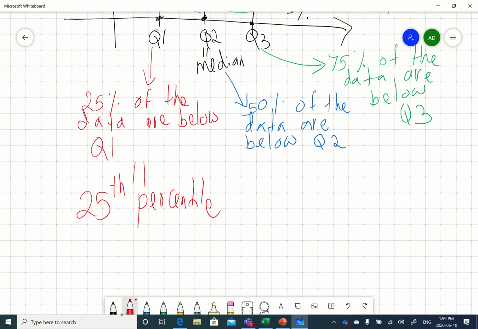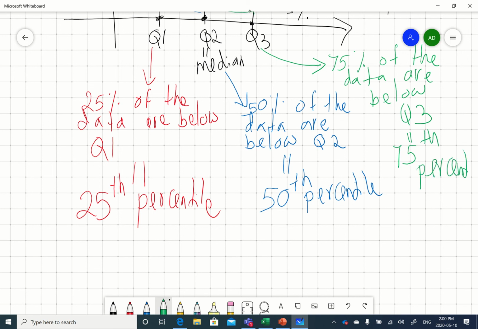And then you have 50% of the data below Q2, so Q2 is the 50th percentile. And since we have 75% of the data below Q3, Q3 can be called the 75th percentile.